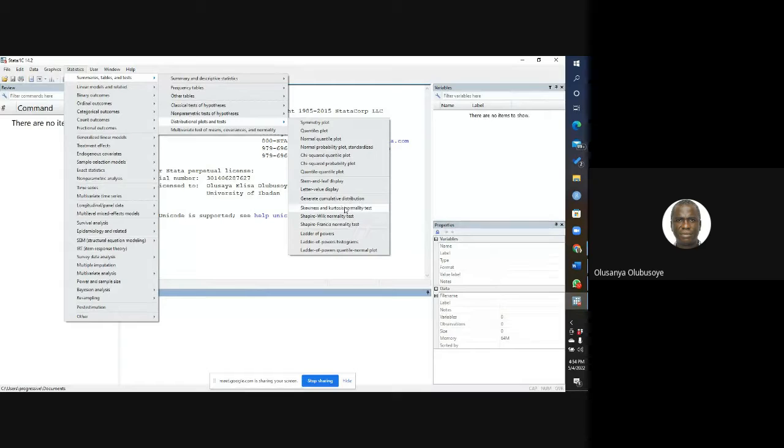So here you can conduct them. I know that last week the lecturer spoke about plots and graphs that you can plot to visualize whether your data has a normal shape or not.